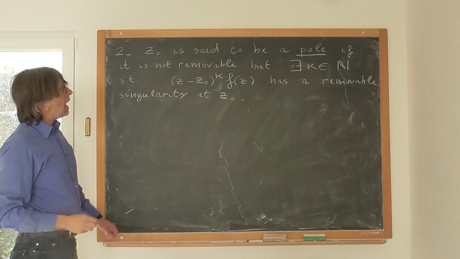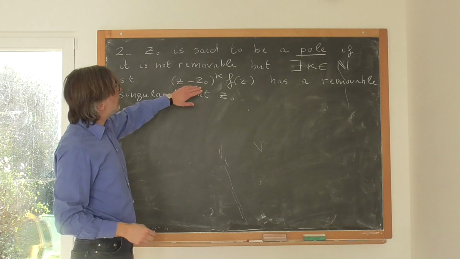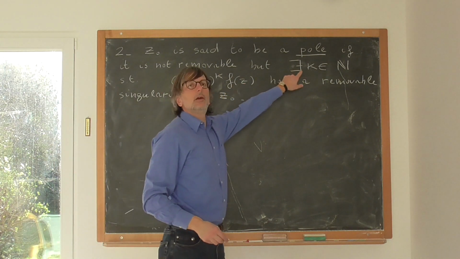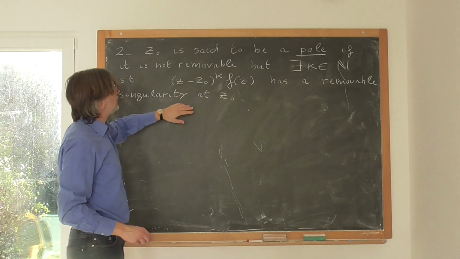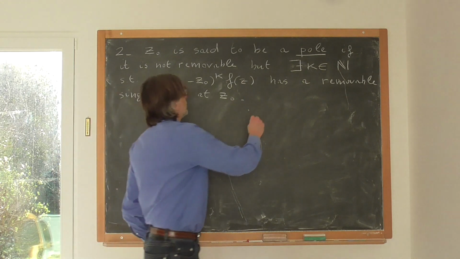Okay? And in this case, if this is so, then the smallest value of k for which this is possible is called the order of the pole.